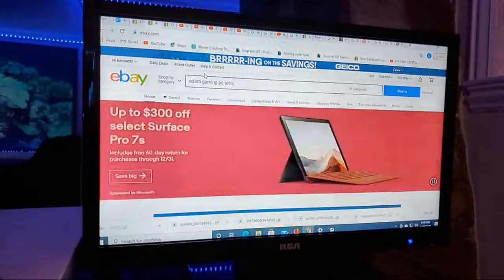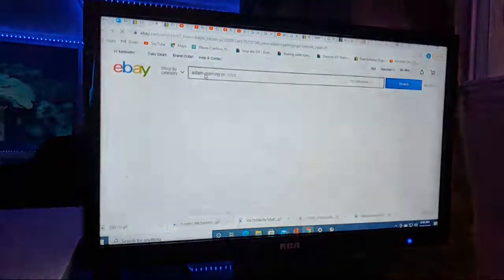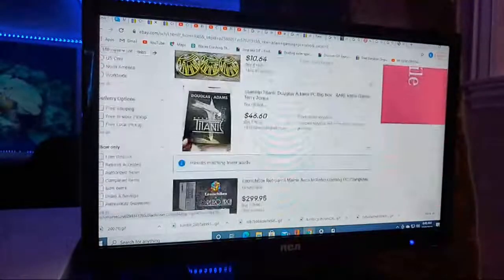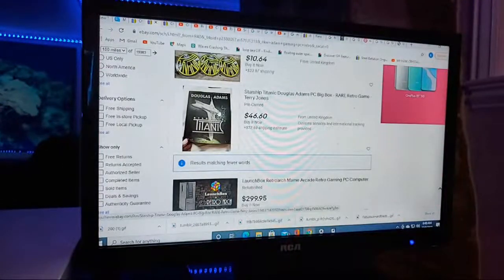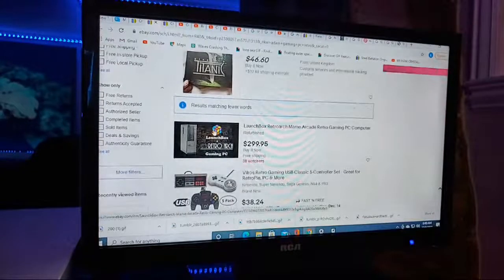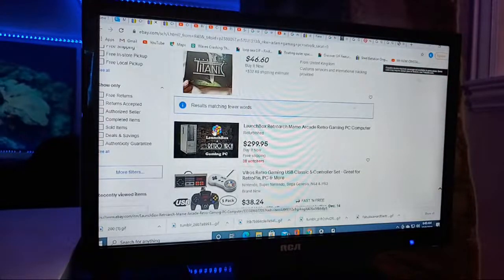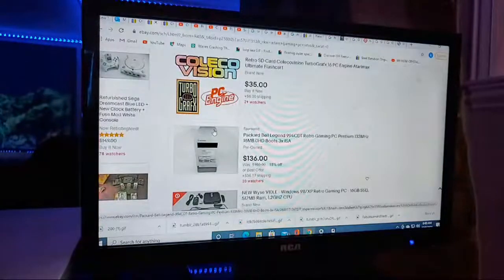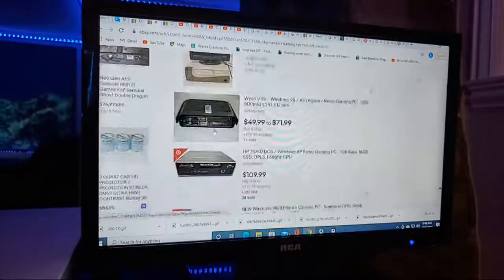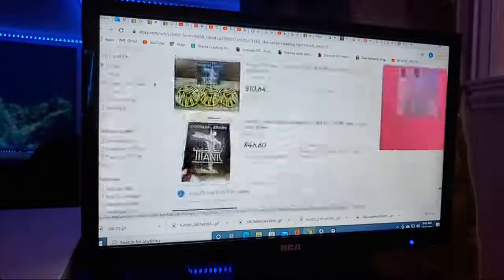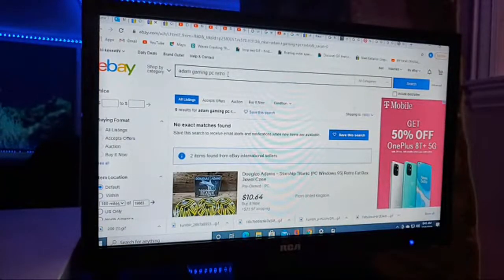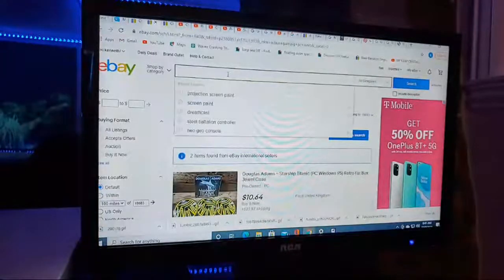Probably spelled it wrong. No, they won't have it. What about an F Marty? They don't have an Atom. I wonder if they got an FM Marty.